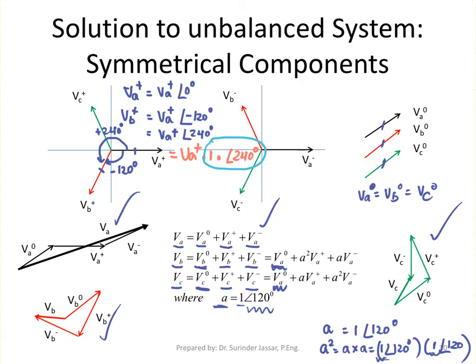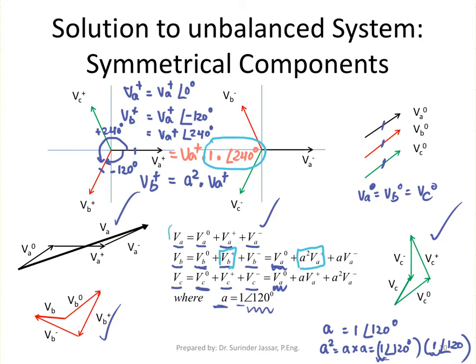That means you can say VB positive equals operator A squared multiplied by VA positive. Make sense? So VB positive can be replaced by A squared times VA positive. Make sense, guys?